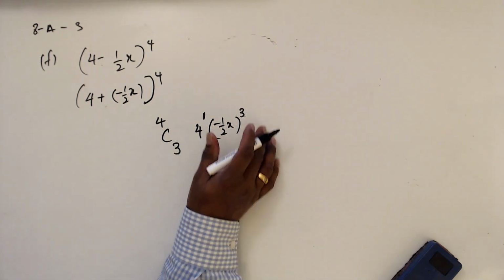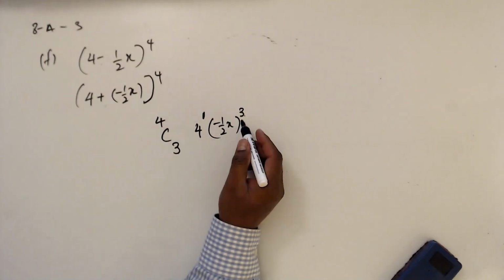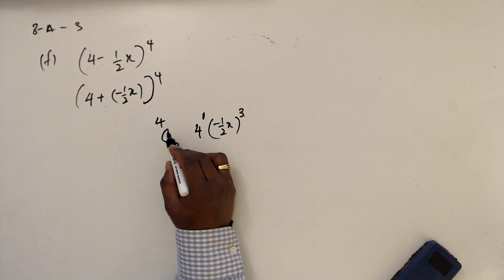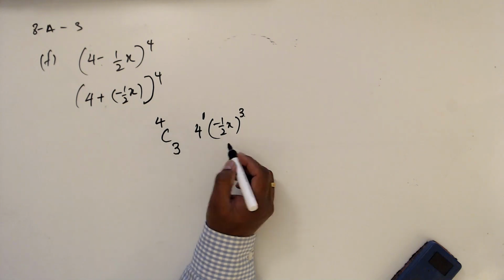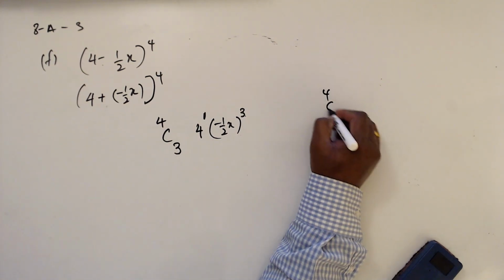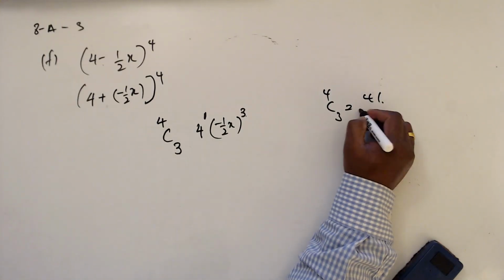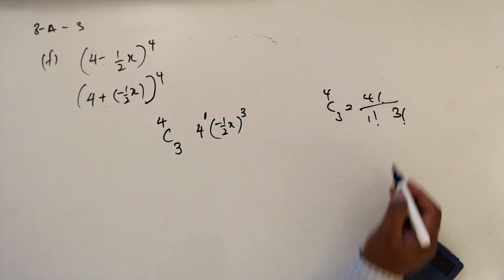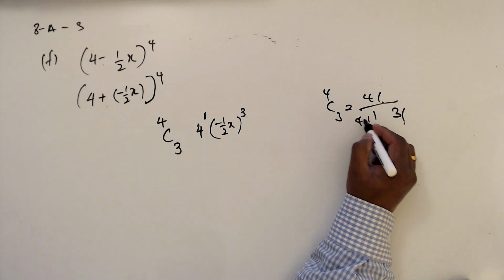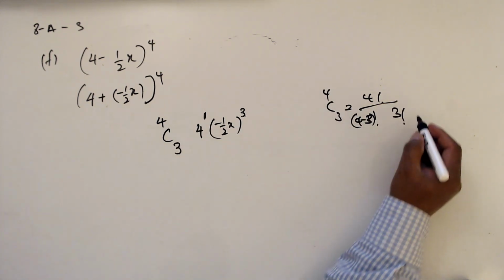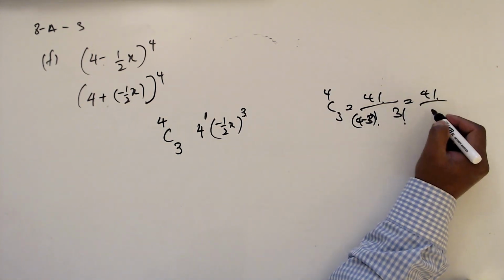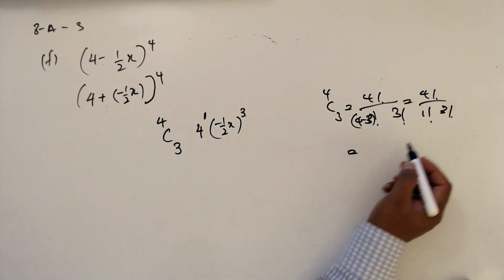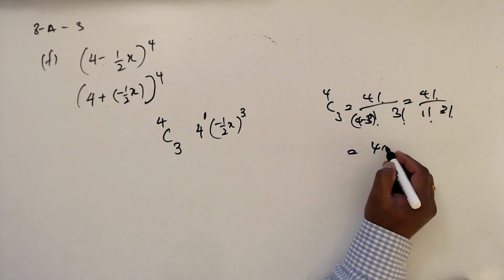Now we extract the x cubed term. Now we have to simplify this one. 4c3 is factorial 4 over factorial 3, factorial 4 minus 3, which is factorial 1. If I write it, can you understand?